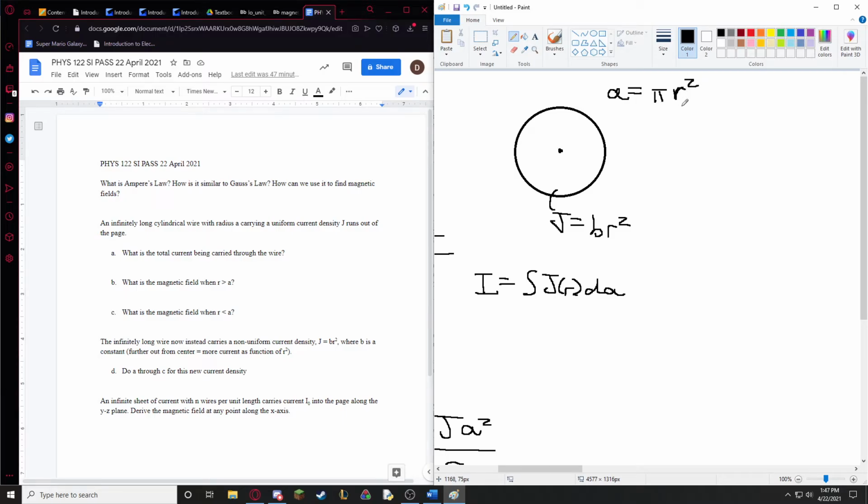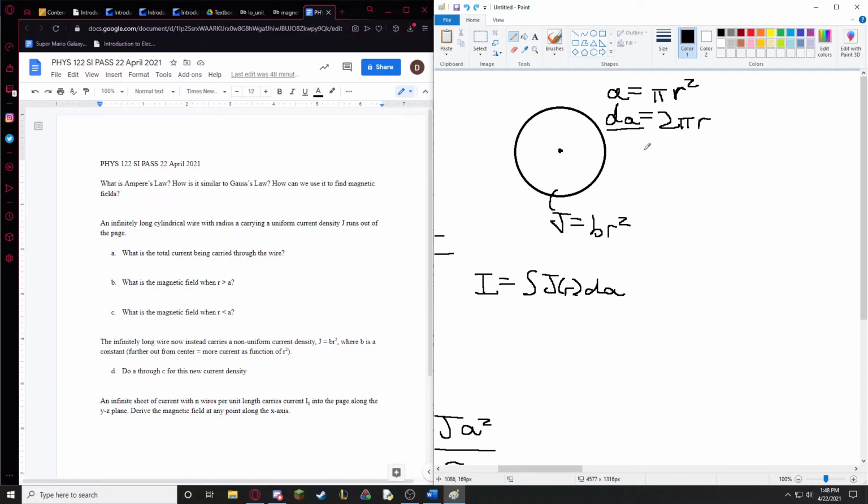If we take the derivative of this, what would dA be? 2 pi r. dA dr would be 2 pi r.